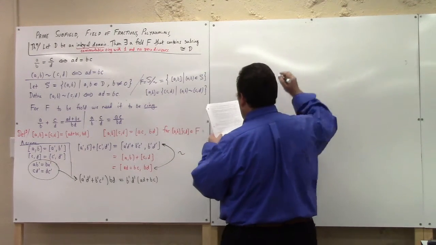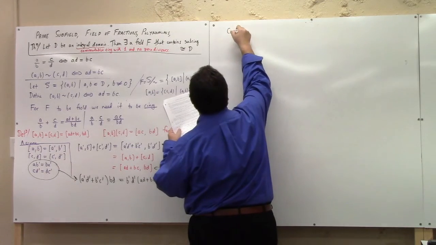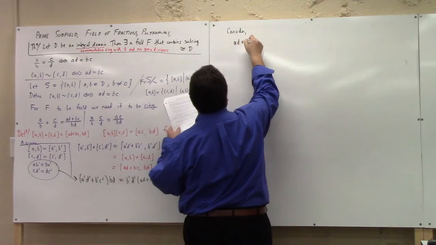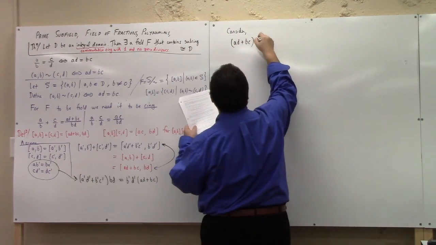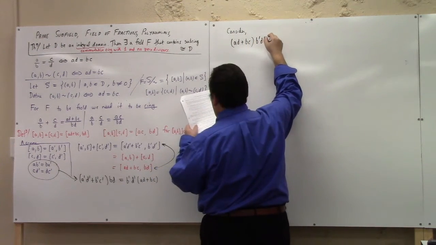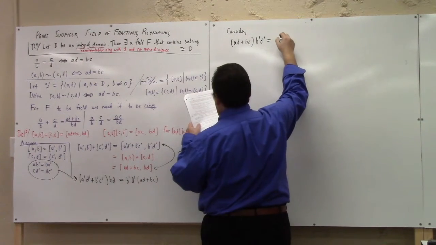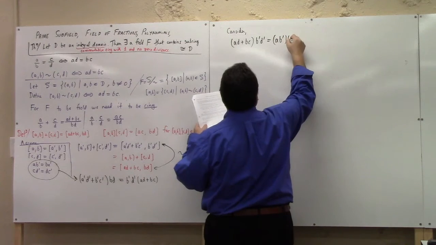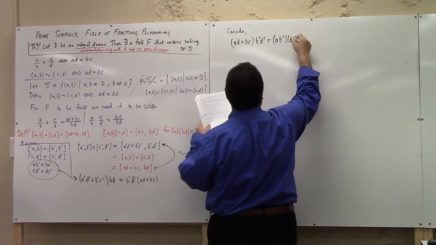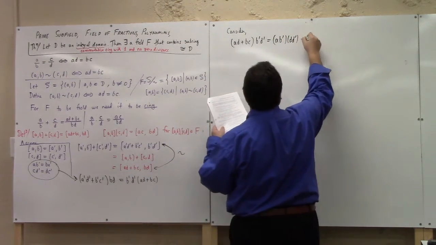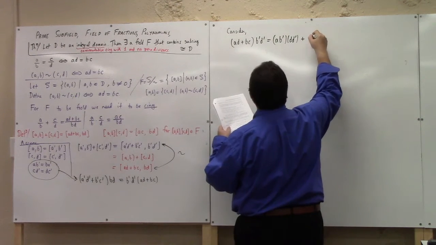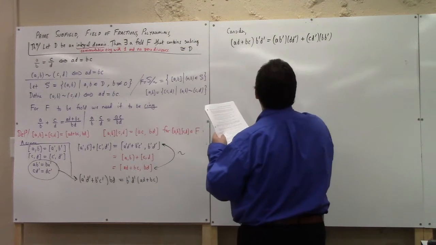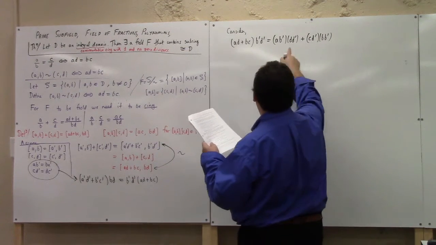All right, so I say consider AD plus BC times B prime D prime, and I say that that's equal to AB prime times DD prime plus CD prime times BB prime. So that's just distributing.